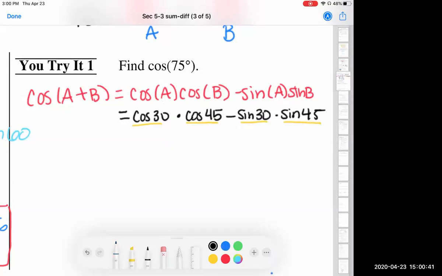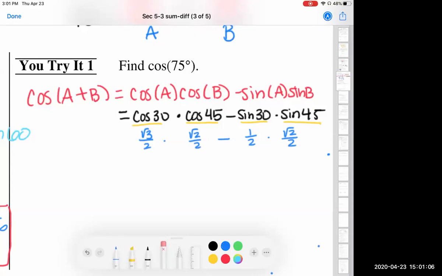So cosine of 30 gives us square root 3 over 2. Cosine of 45 is square root 2 over 2, minus sine of 30, which is 1/2, times sine of 45, square root of 2 over 2. Okay, now let's do some algebra.